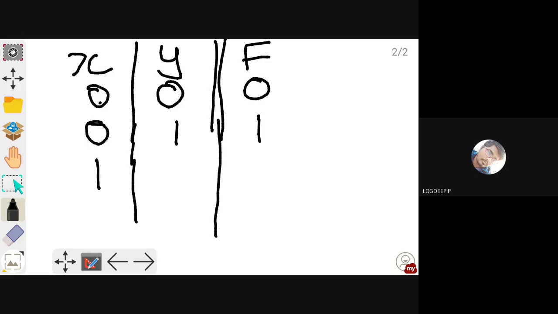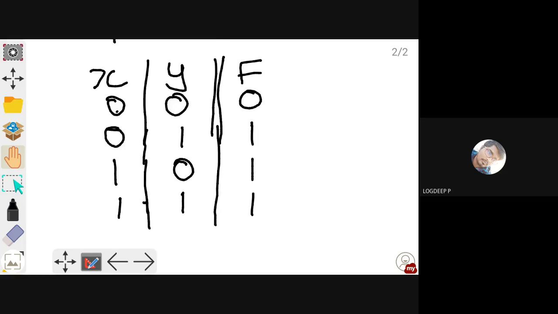Then 1 and 0 gives 1, and 1 and 1 gives 1. Here you should not perform addition. 1 plus 1 is not 2. It is a logical OR operation, so 1 plus 1 gives 1, true and true gives true. This is the truth table of your OR gate.